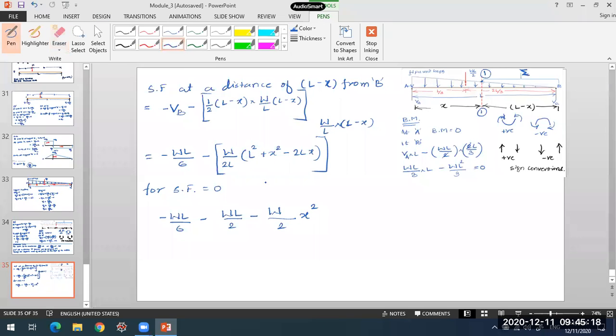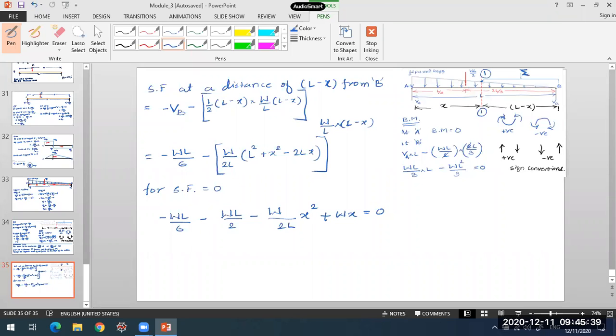It will be W by 2L into x square, and this one will be plus W into x. This is a simplification of the equation, and this should be equal to 0.